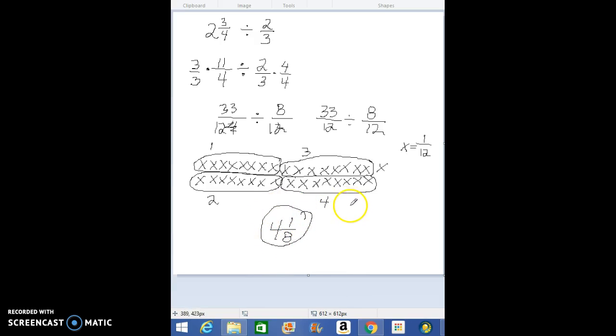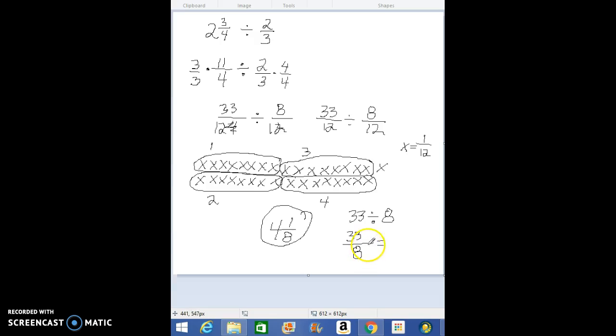Again, the algorithm: here I used the model to get my answer. The algorithm says, if you've got the same size pieces, it's as easy as just dividing the numerators. So 33 divided by 8, and sometimes thinking of that in fraction form, 33 over 8, works well for people.